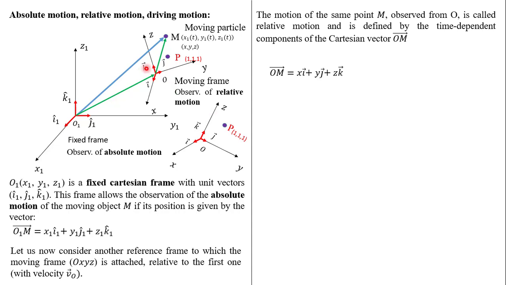So we can take as an example that OXYZ is the frame associated to the truck, and P, let's say, is the point related to the child.